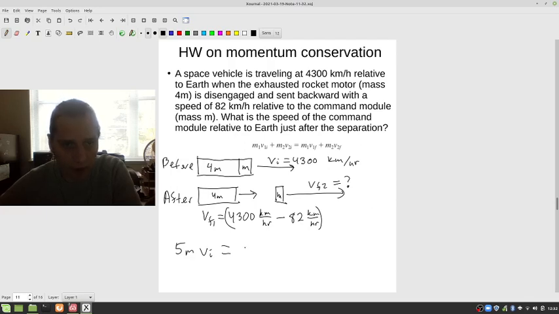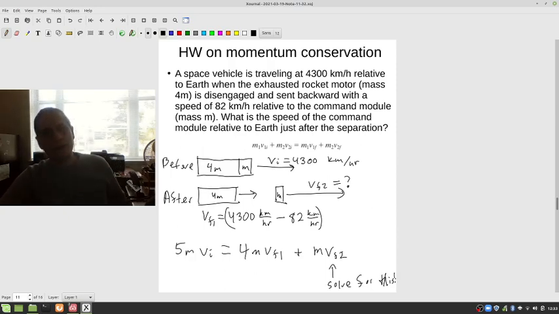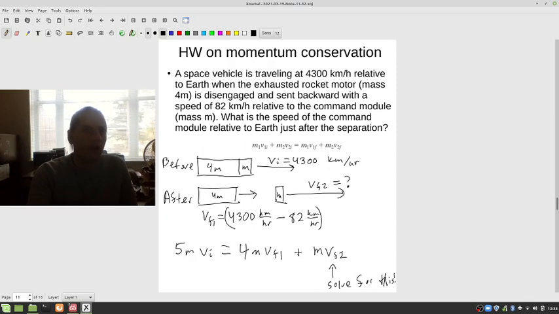Okay, so momentum of your motor is going to be 4m times Vf1 plus m Vf2. Okay, this is mv for the motor, this is mv for the command module. Okay, and then all you have to do is solve for this. Okay, not too bad. I am confident you can do it.